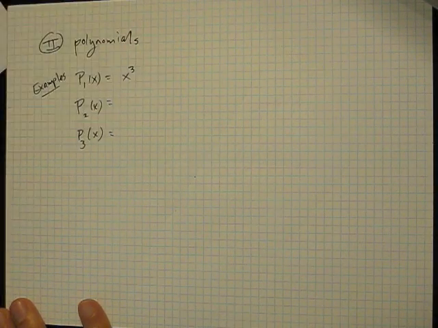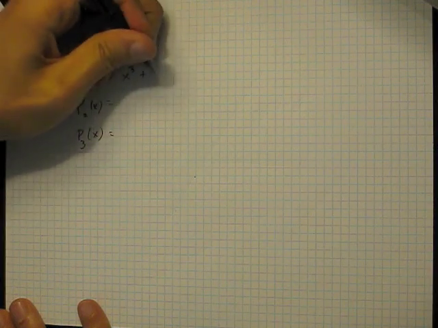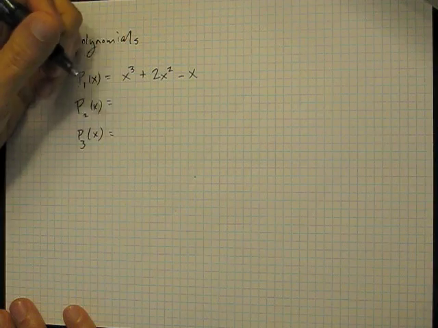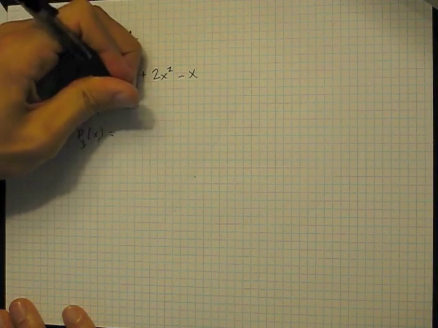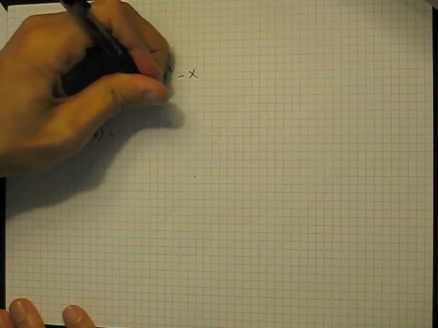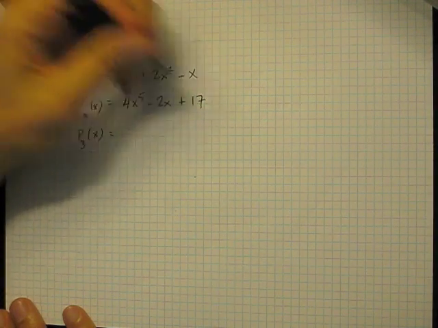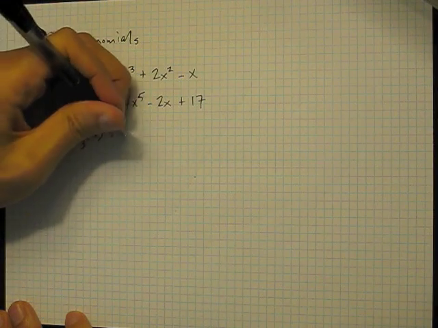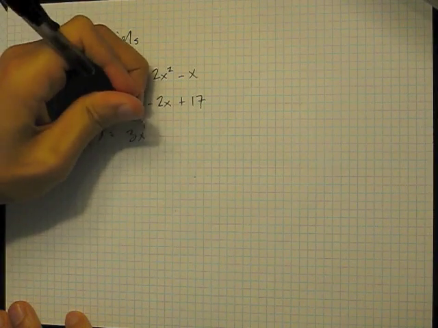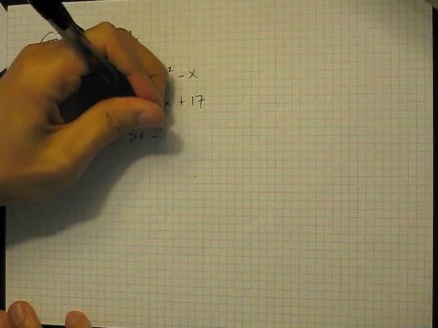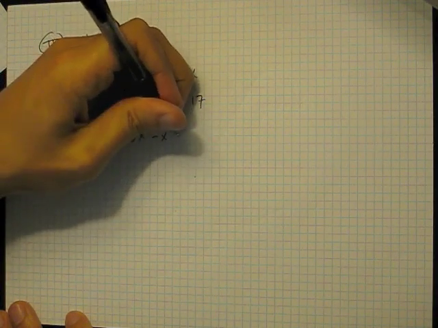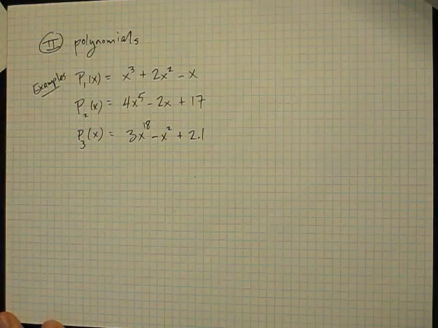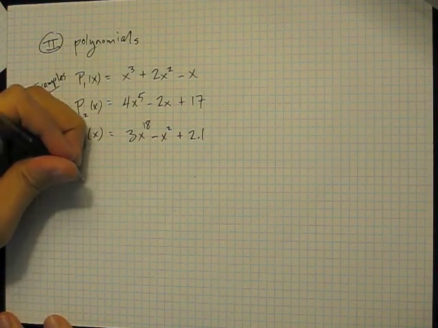How about x raised to the third power plus 2x squared minus x. There's an example of a polynomial. How about 4x to the fifth minus 2x plus 17. Here's another example. I'm just making these up. 3x to the 18th power minus x squared plus 2.1. Okay. So in general, they look like this.